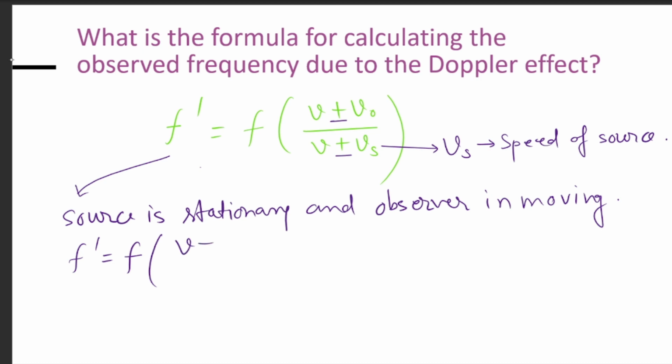We can write f dash equals f times (v plus minus v naught) divided by v.